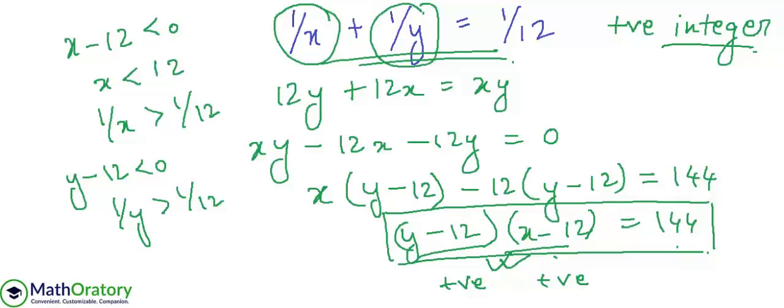So essentially what we are looking for is the number of positive integer solutions of this thing. And what is this? It is simply the number of factors of 144, right? Because if this part takes up 1, this part takes up 144, the product is 144; if this takes up 2, this takes up 72. So all possible factors would come out.